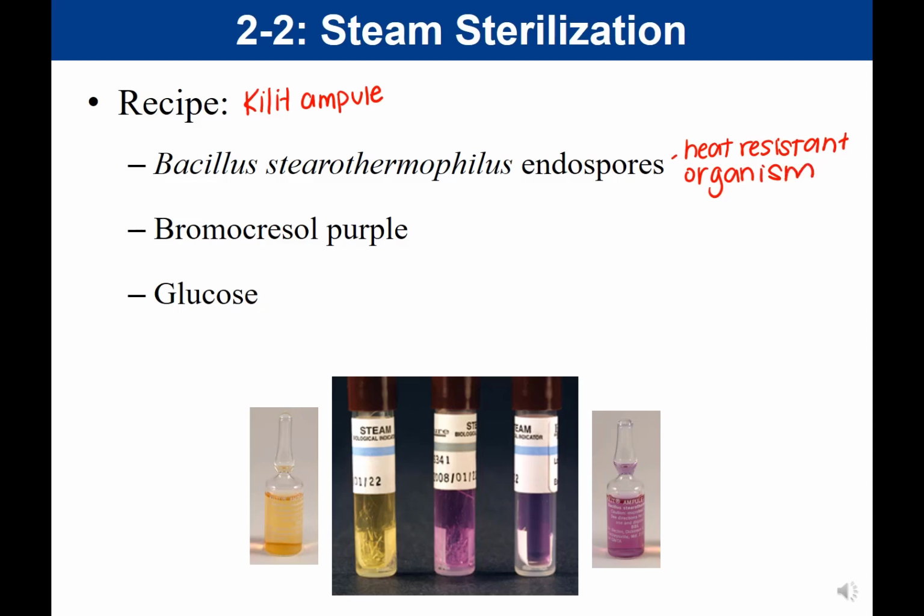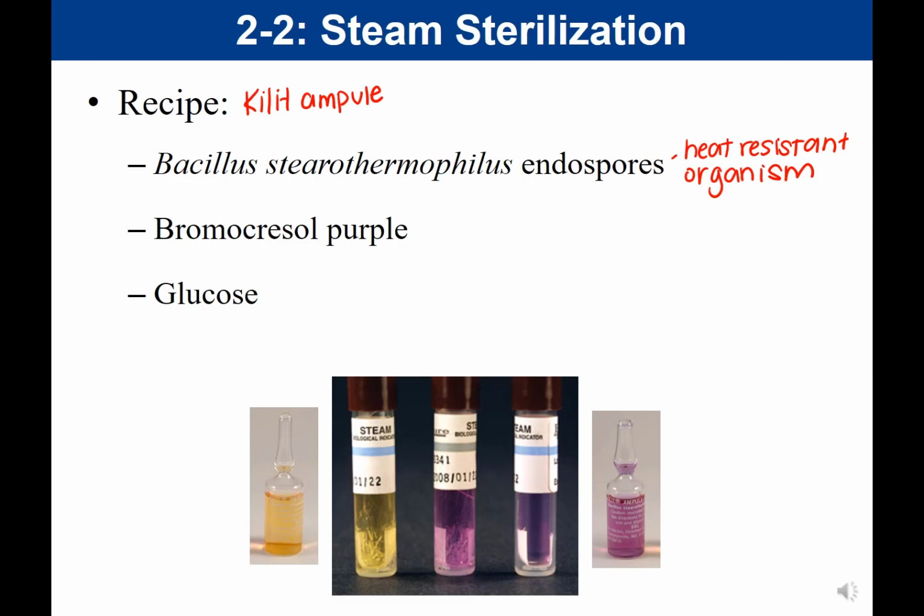Meaning that because endospores are made of keratin, right, they're very resistant to heat because Bacillus stearothermophilus would produce endospores in response to harsh conditions like heat. So these endospores would be used because they are heat resistant. And again, if the autoclave can kill the endospores, we would assume that any other organism that might be in there would also die as well.